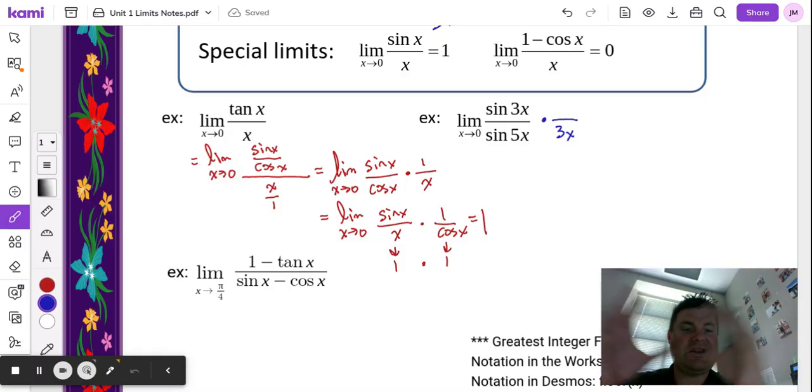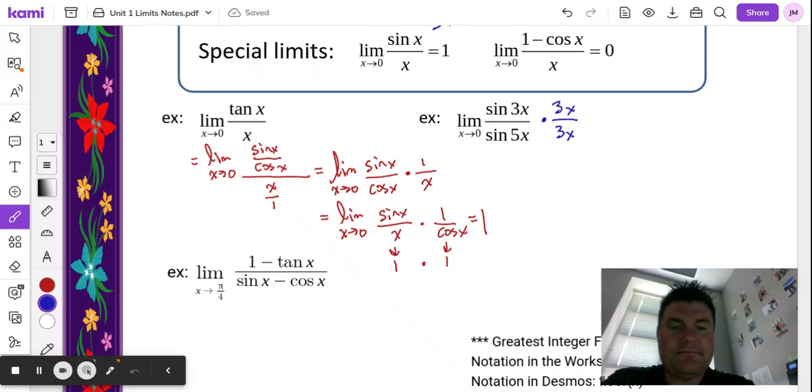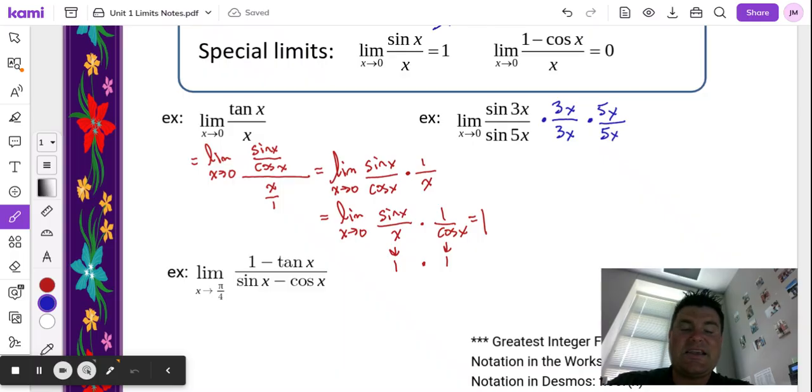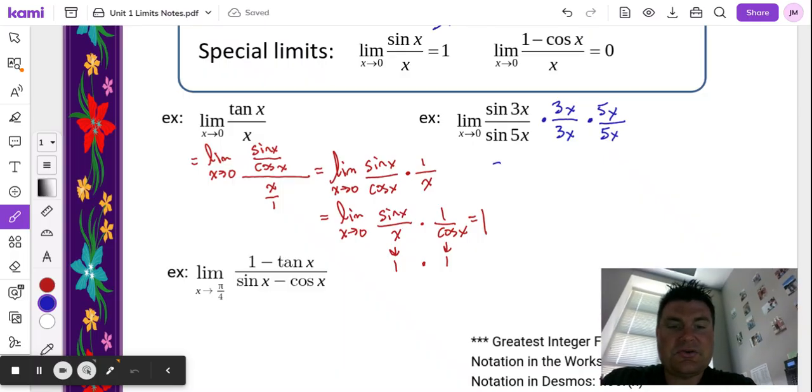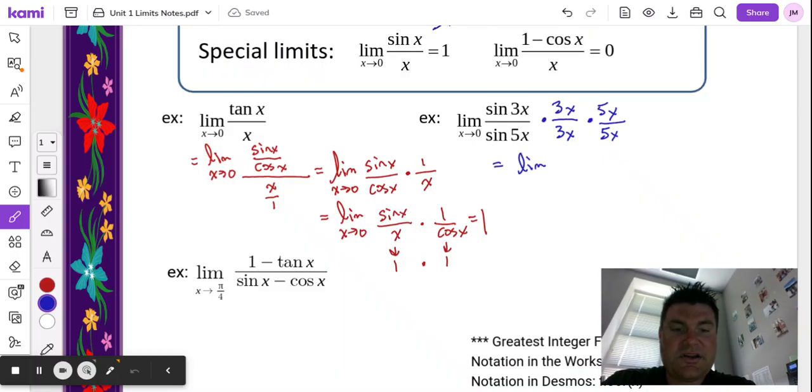That will help me manipulate and move things around where I want them to be. In order for this to balance out, I have to have a 3x on top. I also want a 5x on top, so that balances with the sine 5x. So I need a 5x on the bottom. So this is everything that I need, and all I'm going to do is rearrange everything very nicely.